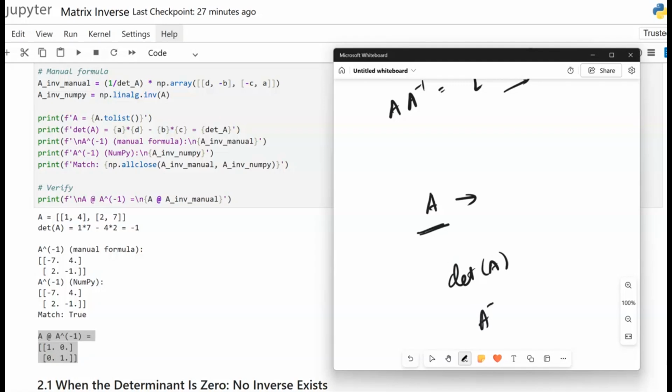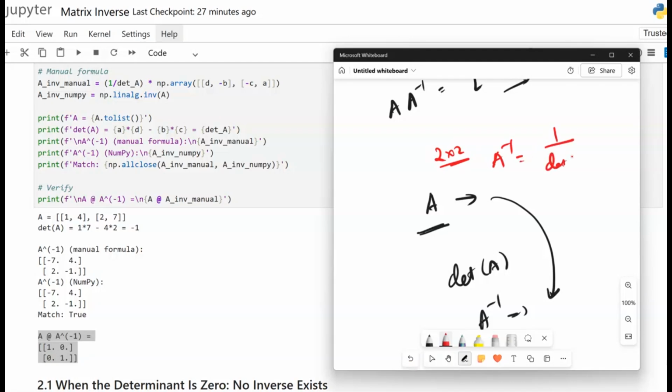And lastly, A inverse, of course, reverses this exact transformation. Dear friends, last but not least, simple in functionality, for a 2 by 2 matrix, A inverse is equal to 1 by determinant of A multiplied by adjugate of A.